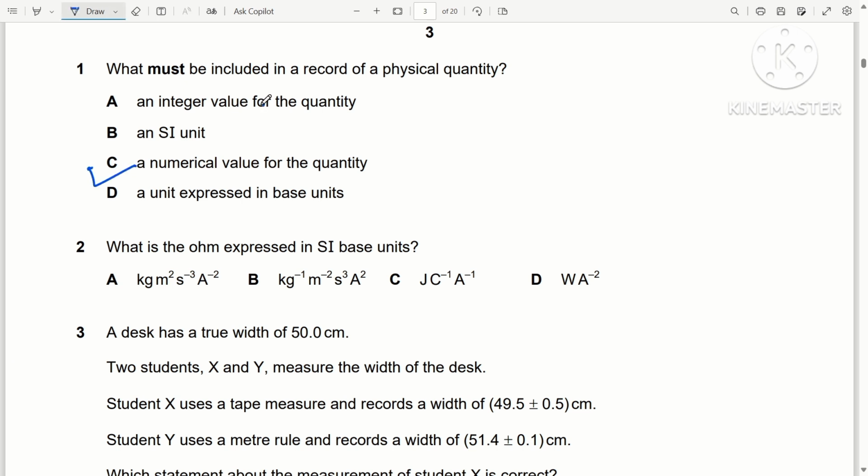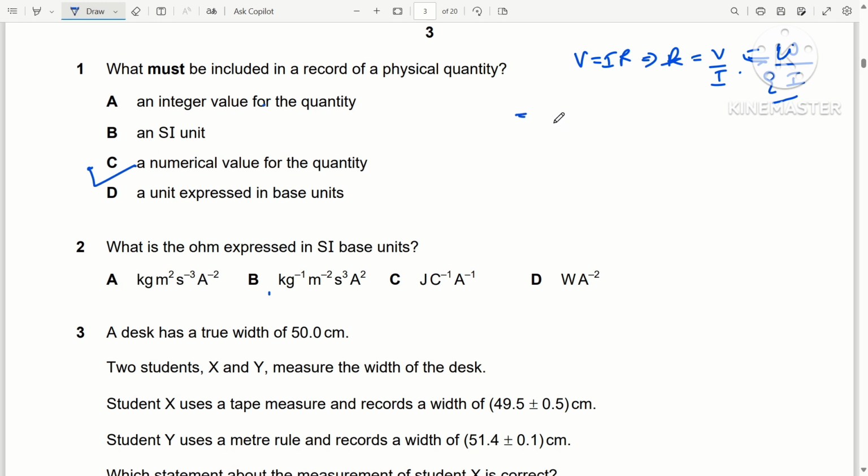Second, what is the ohm expressed in SI base units? So we know that Ohm's law states V is equal to IR, or we can write R is equal to V upon I, where V is the work done per unit charge and I is the current.